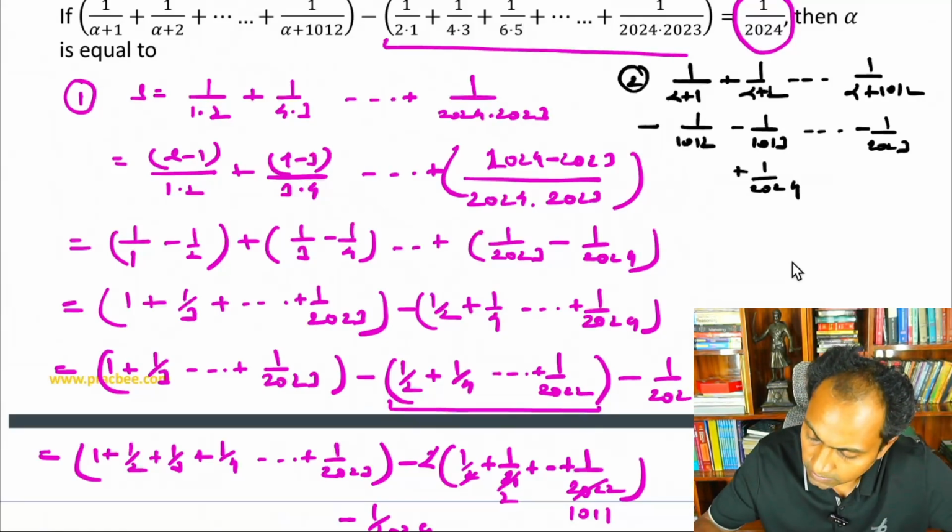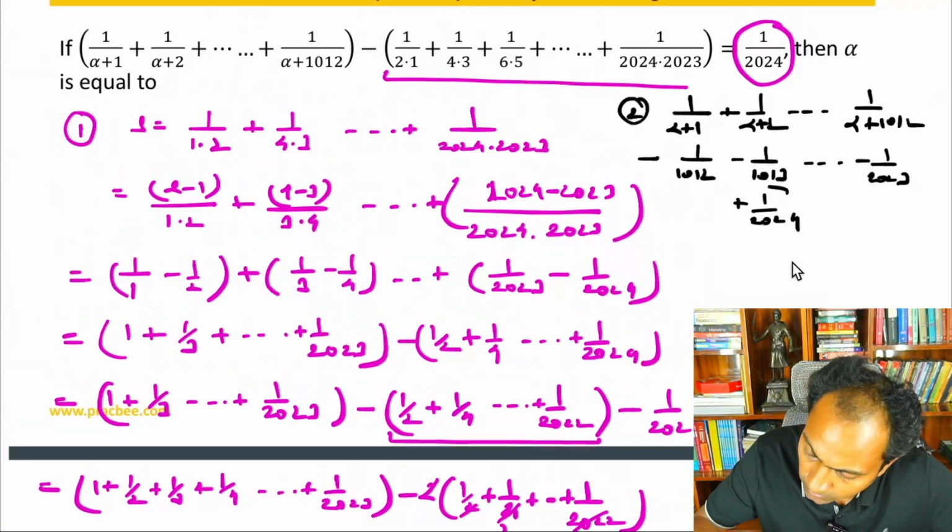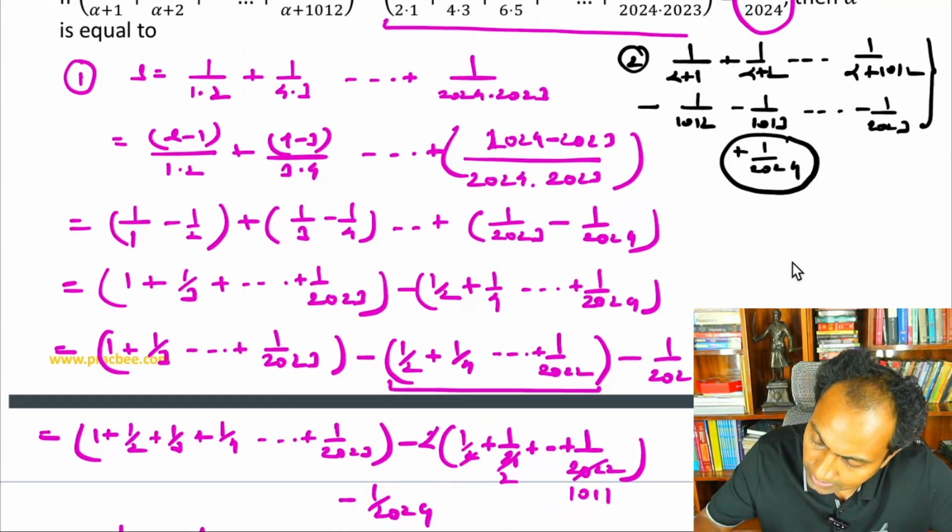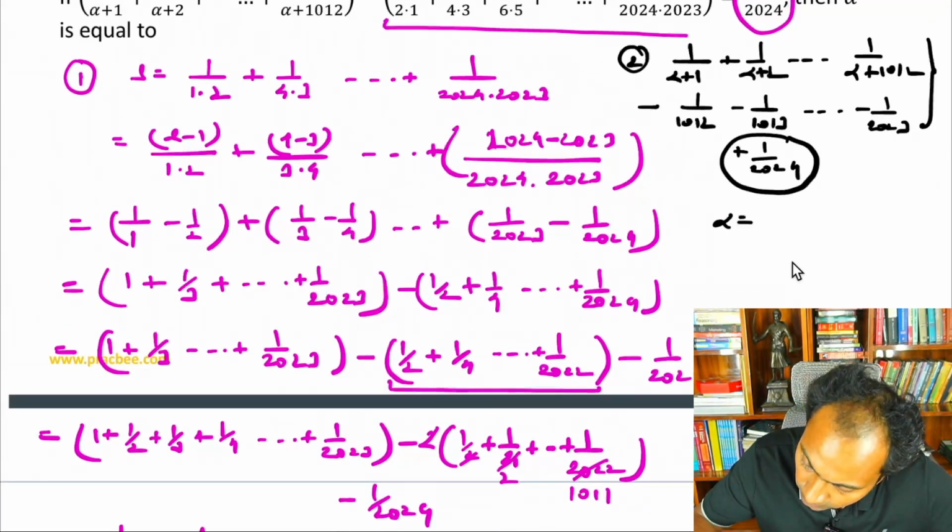This is what we are getting. You can see that this will become equal to 1 upon 2024 only if these terms get cancelled out, and that will get cancelled out if the value of alpha becomes equal to 1011.